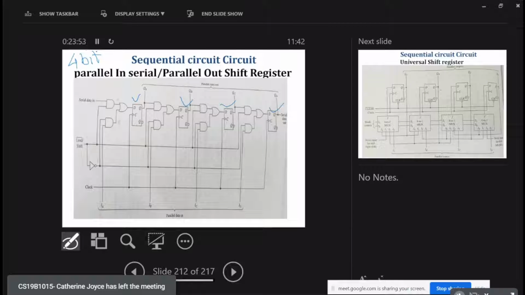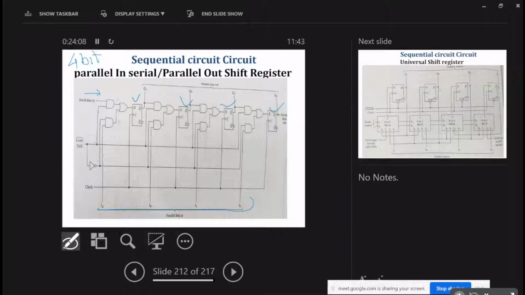Here this is serial data in, and because we are talking about parallel data in, to provide data in parallel we need to connect each individual bit to each input of the flip flop.